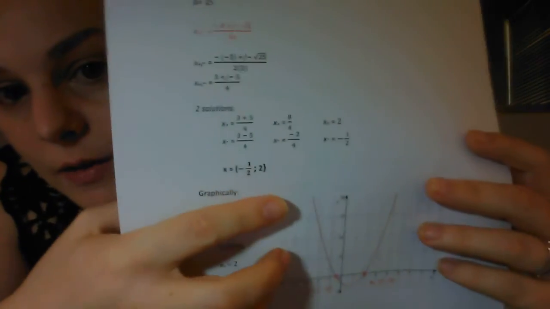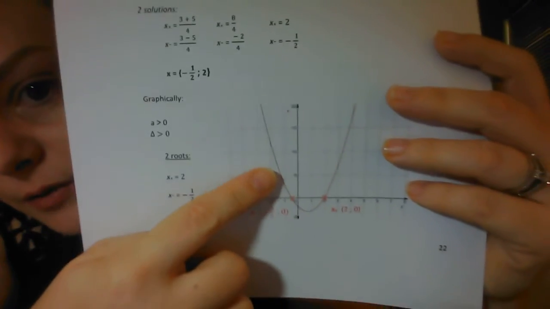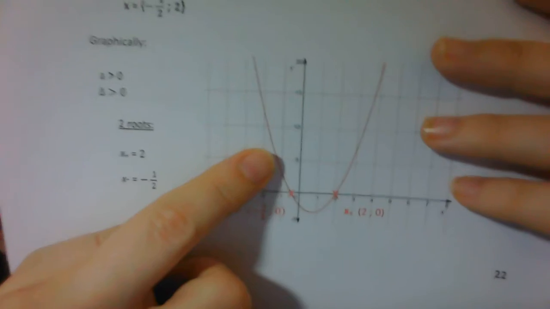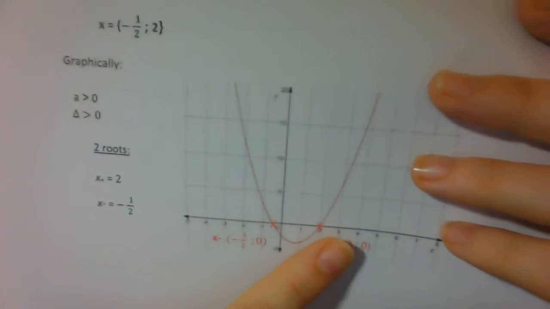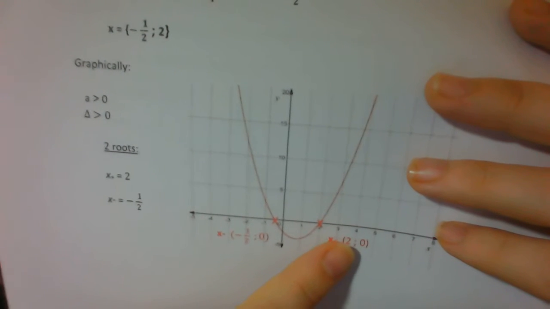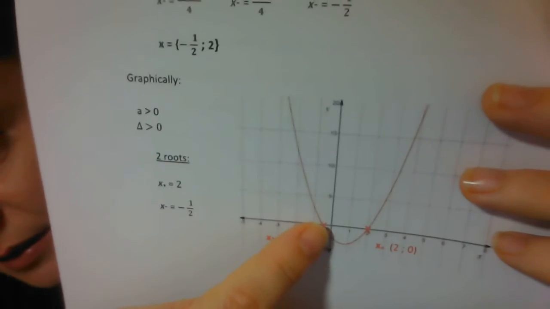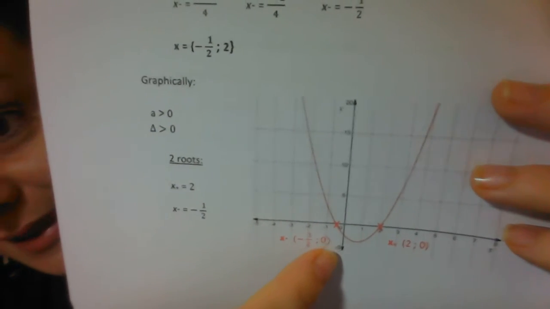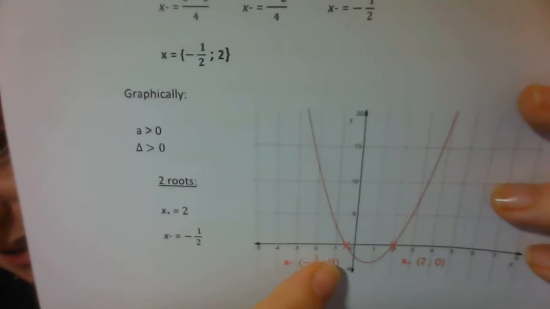Alright, so if I draw this equation, 2x squared minus 3x minus 2, I'm getting this graph. And as you can see, the positive root on the right hand side is 2 for x and obviously 0 for y. And the negative root, or the negative x-intercept, is minus a half for x and 0 for y.